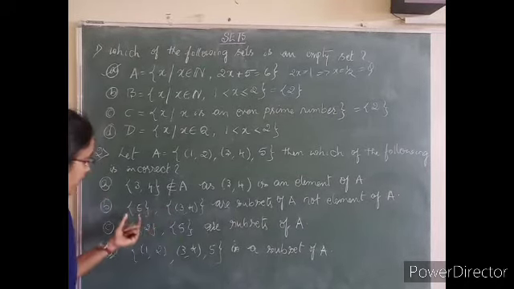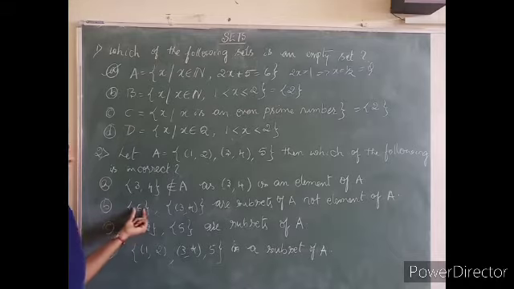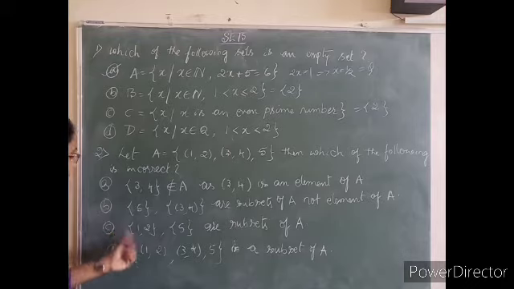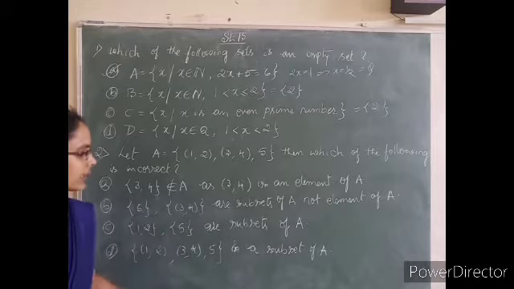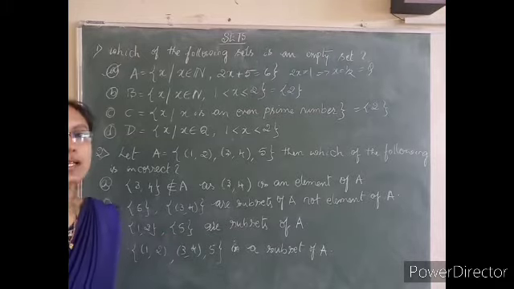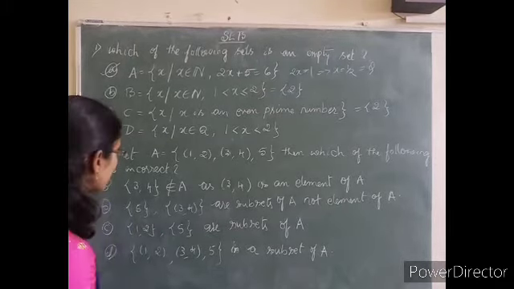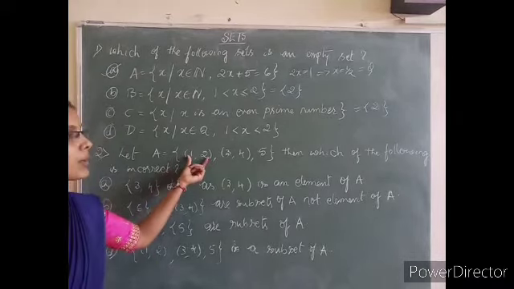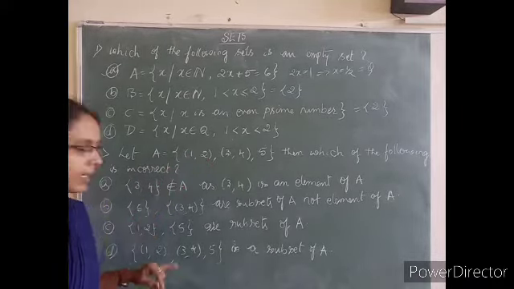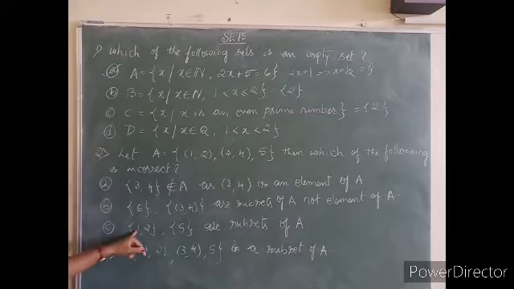So these two are subsets. Any element written within the curly bracket is a subset of the given set. And option C: within the curly bracket, the set containing the element (1, 2) and the set containing the element 5 are subsets of A. Here the ordered pair (1, 2) is an element of A. So we cannot write this simply as the set containing the element 1, 2.